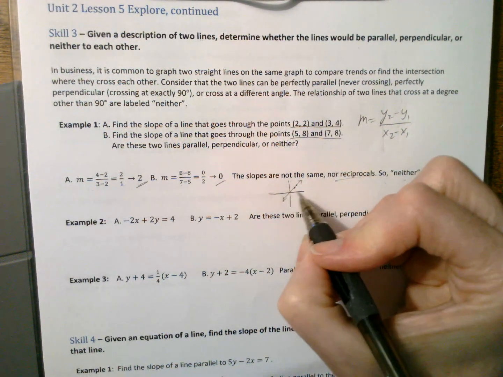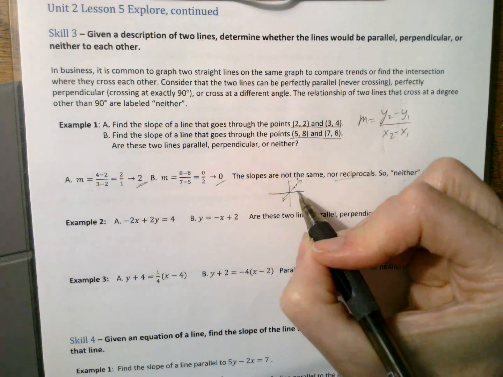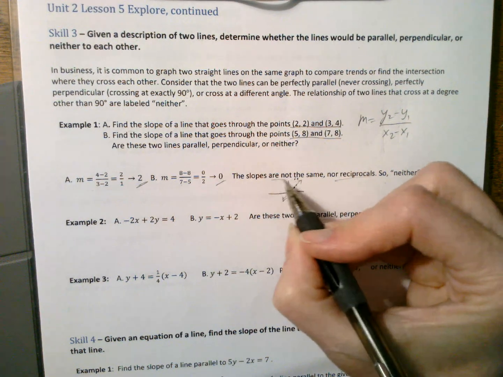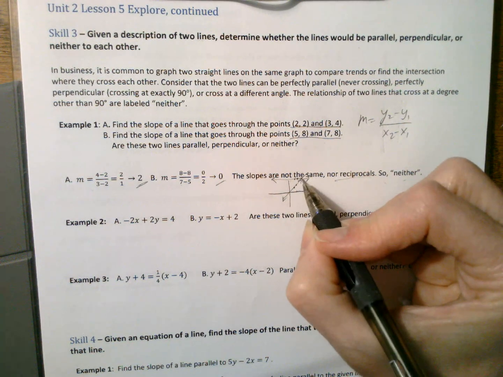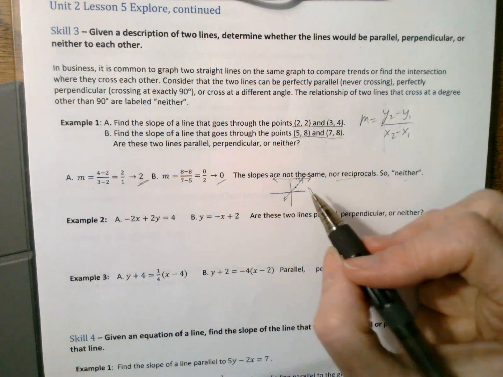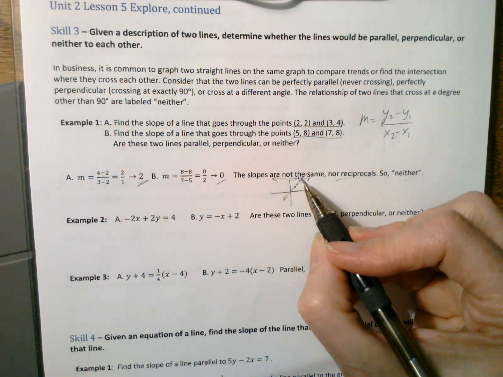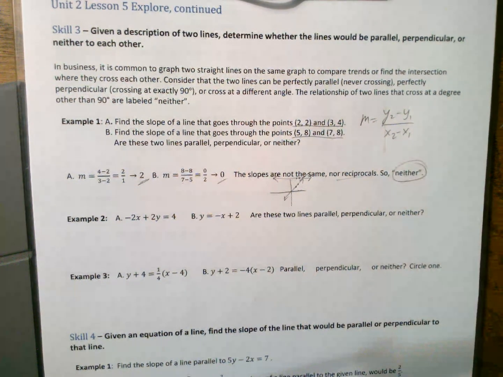Then you have 5, 8, and 7, 8, and this line goes like this. Clearly not parallel. They're going to cross each other. So all we're asking is, do they cross at a 90-degree angle? No. Are they parallel? No. Therefore, they are neither. That's all.